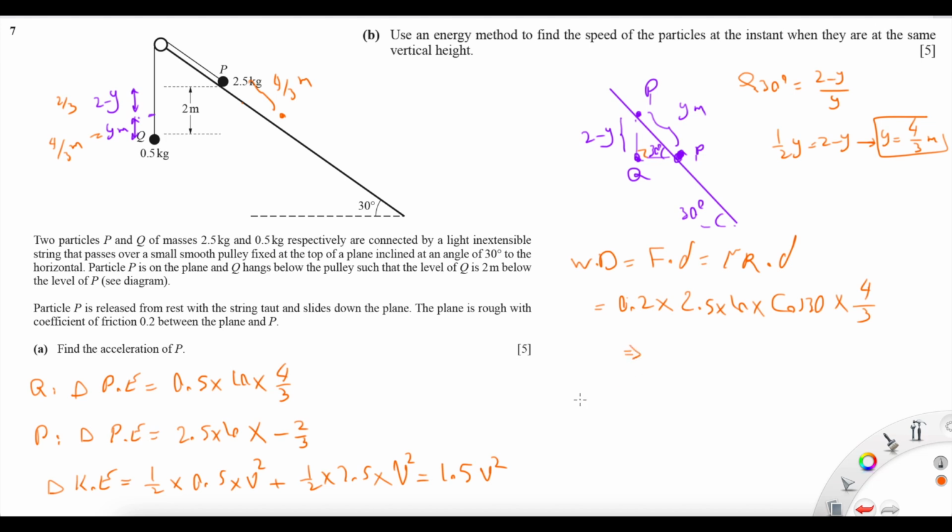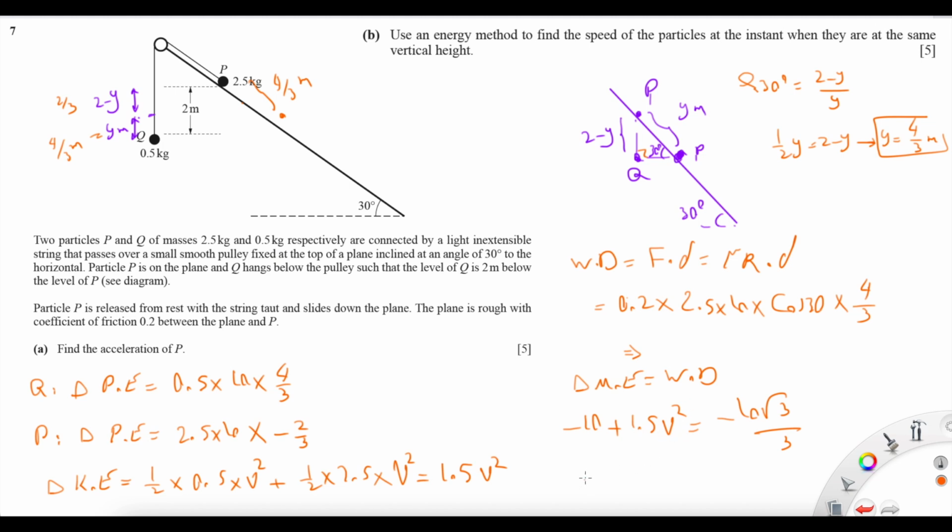At the end, we know that the change in mechanical energy will be equal to the work done by friction here. So for the change in mechanical energy, we have the sum of these two potential energies, which will become minus 10, plus the change in kinetic energy, 1.5 v squared, is equal to the work done by friction, which simplifies to here minus 10 root 3 over 3.